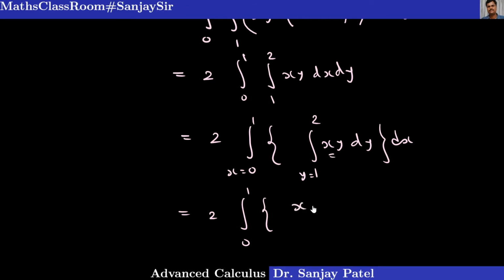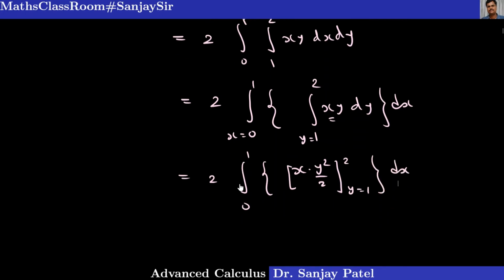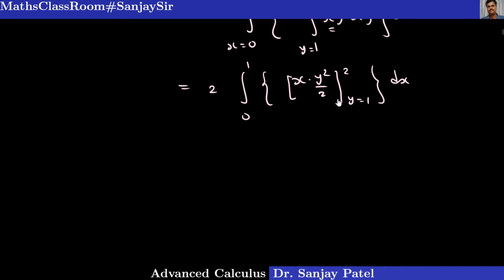So the value of this is x into y square by 2, and that we have to compute for y equal to 1 to 2, and then integrate with respect to x. Putting the values of the variable in this integration, where x is not affected, x remains as it is. So I can keep x outside also and put the value of y equal to 2 first. So 2 square upon 2 minus y is equal to 1, so 1 upon 2. And then this is to be integrated with respect to x.